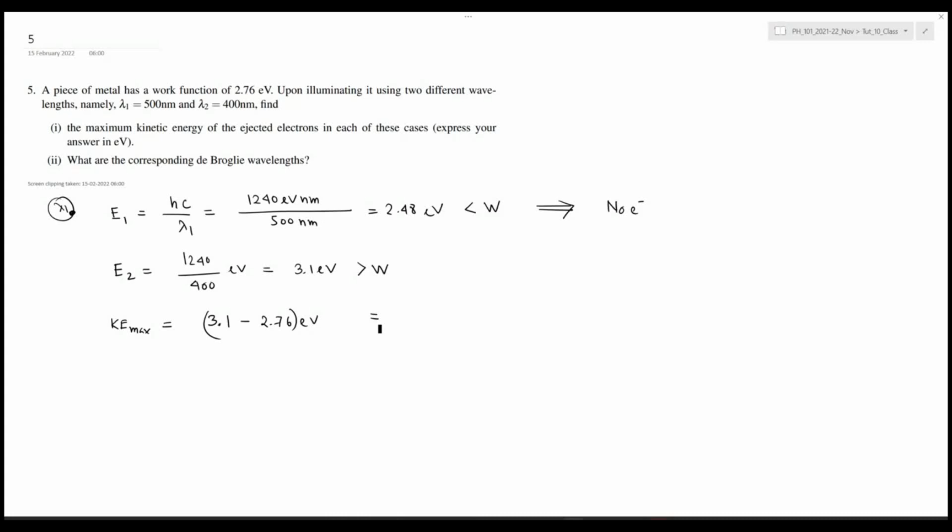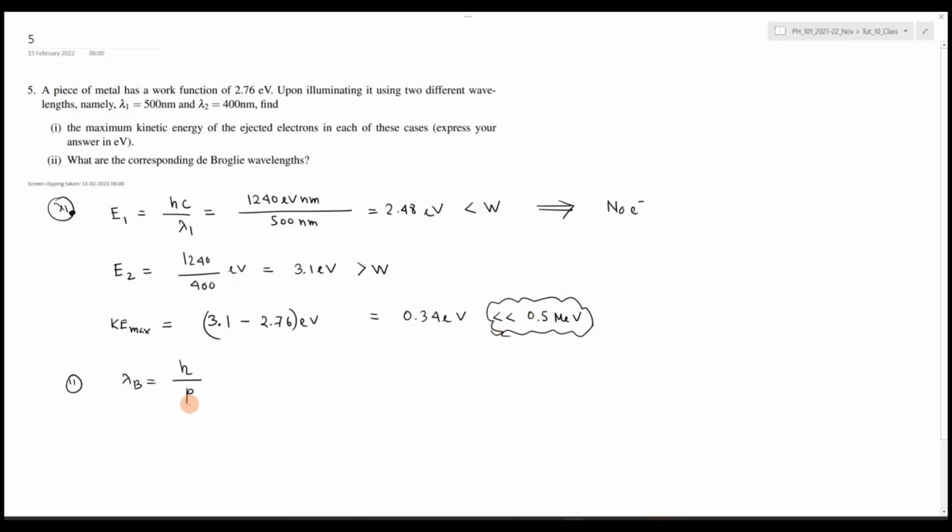Now this value is very small compared to the rest mass energy of the electron, right? So this electron will come out with non-relativistic speed. Anyway, now what is the corresponding de Broglie wavelength? De Broglie wavelength is equal to h by p. But why is this step important? Why am I writing this step?